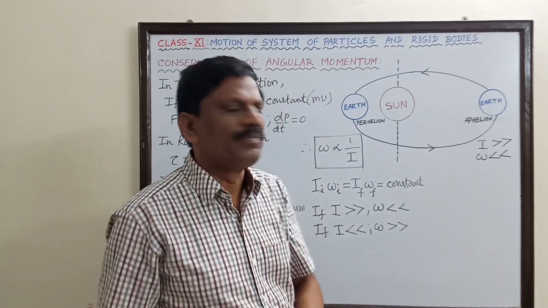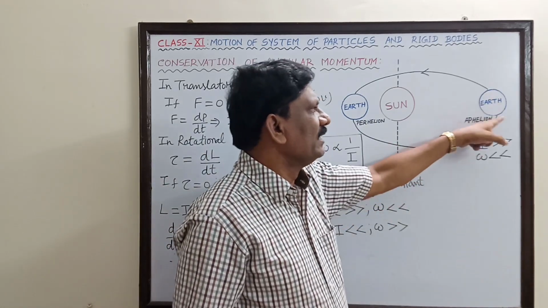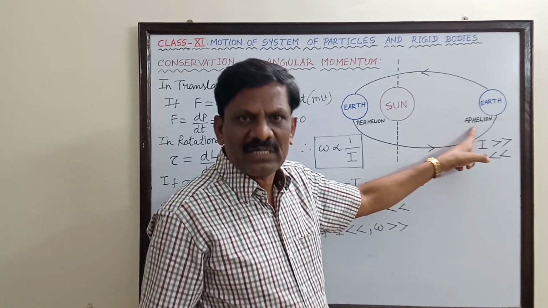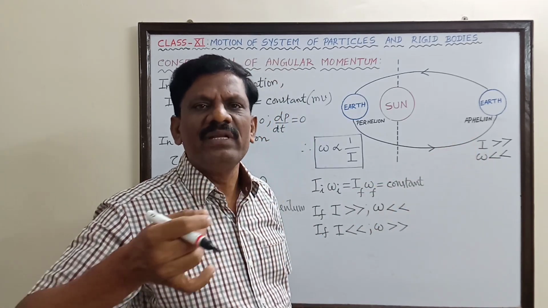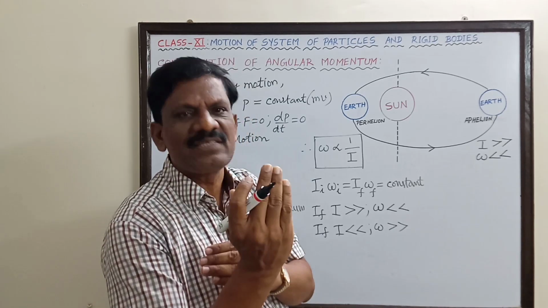So when the earth is passing around the sun at the apogee position, the angular speed will be very less. It will turn very slowly.